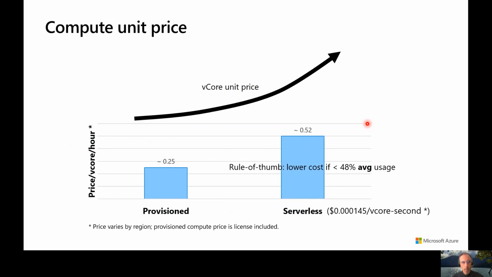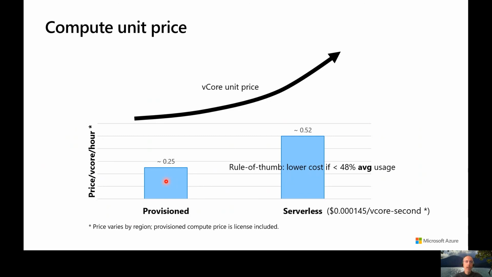So, how to think about pricing in serverless? It's useful to compare it against provisioned compute, and then come up with a rule of thumb as to when serverless is a better fit. To do this, let's think about the compute unit price for both. That is to say, the cost for one core, let's say, for 1 hour.